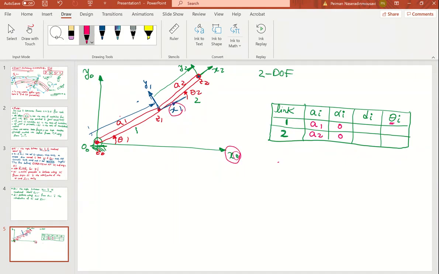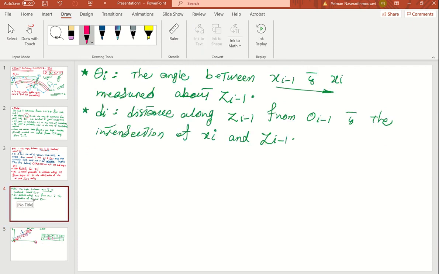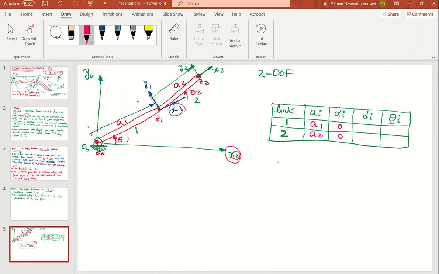About z0, the previous one. You have to follow from x_{i-1} to x1, from small to high, around the smallest one. If you apply the right-hand rule about z0, the angle between this axis and this axis is theta 1.